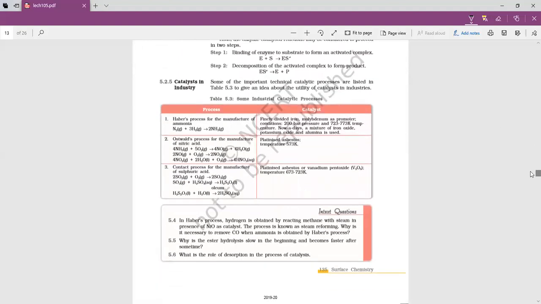Now there is a table given over here. This table we will be studying when we study P block elements once again. In our previous discussion, we also discussed that Haber's process is the method by which we produce ammonia, in which iron is used as catalyst and molybdenum is used as promoter.